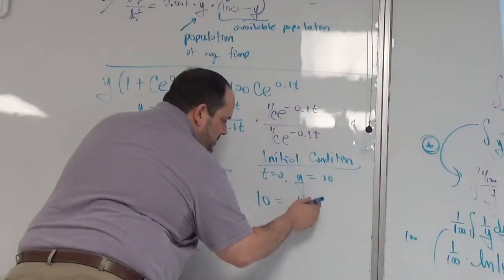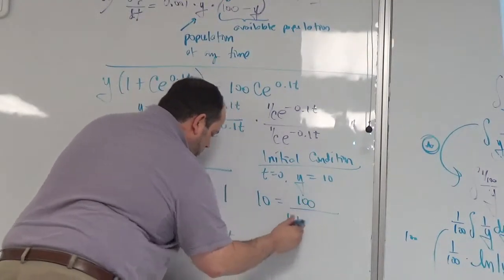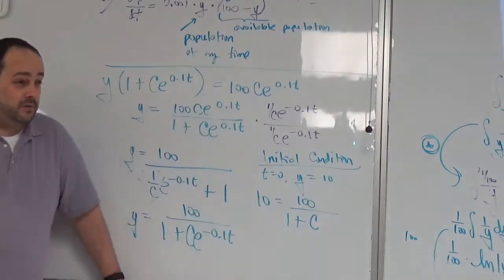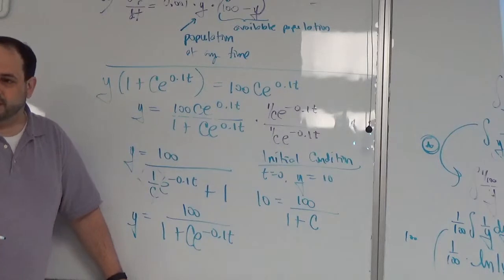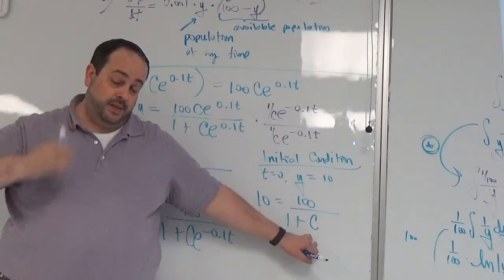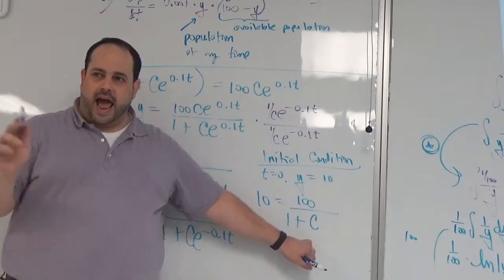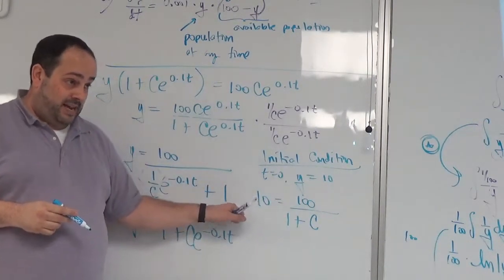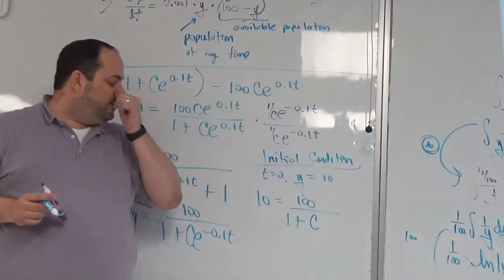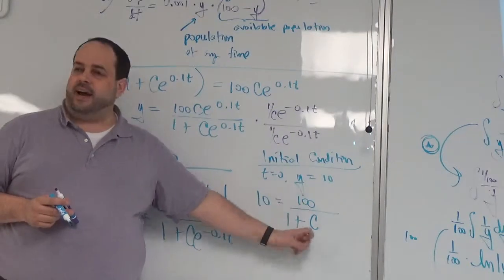10 is equal to 100 divided by 1 plus c times e to the 0. So e to the 0 is 1, so we just have c. My goal is to solve this for c. You can either do your cross multiplying, or maybe the angels are whispering in your head. 10 equals 100 divided by something.